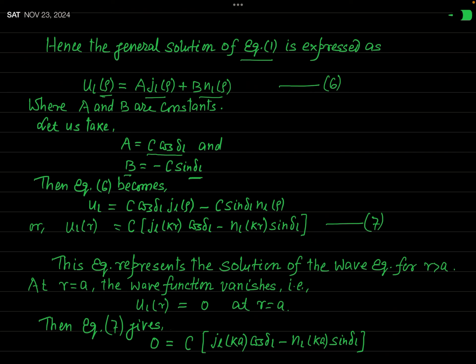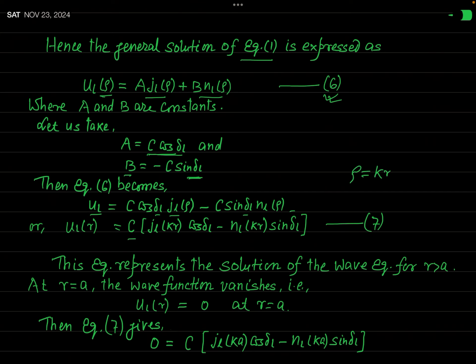So when you substitute C cosine delta_L for A and minus C sine delta_L for B, what will be this equation number 6? You can see this equation will become U_L is equal to C cos delta_L times j_L of rho minus C sine delta_L times n_L of rho. You can take this C as a common factor, and instead of rho, now let us substitute k times r.